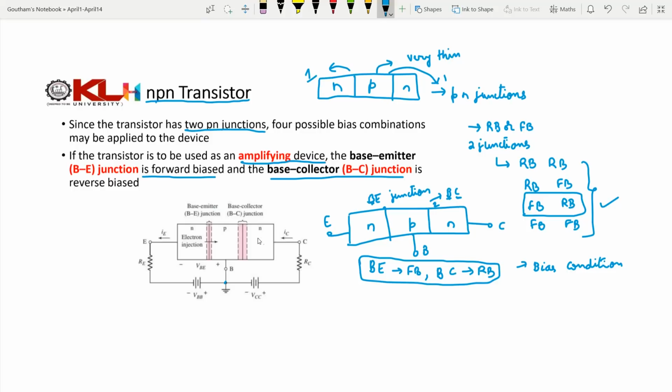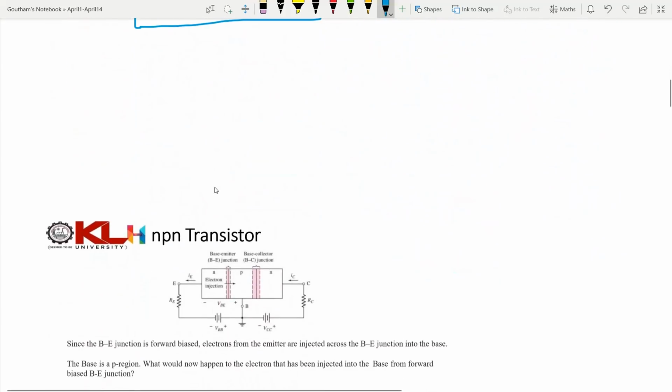Similarly, if you see this PN junction, the P side is connected to ground, that is say 0, and the N type is connected to a positive battery terminal, that is N is at a higher potential. So the BC junction is reverse biased. So basically this is what we are trying to understand in this video. Let us proceed now.